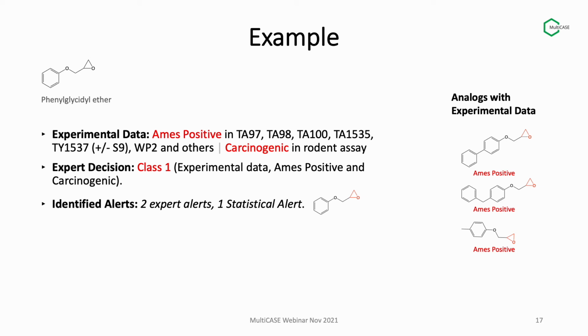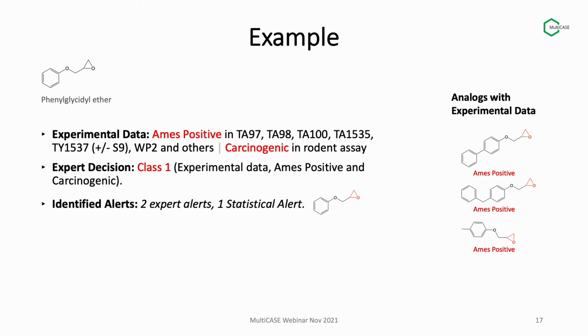Now please take a step back and try to remember the previous slide where I showed the same type of epoxide group, but in that case the analogs were negative. Why? Because in the previous case, the epoxide group was attached to a long alkyl chain, and in this case the epoxide group is attached to a different type of functionality.